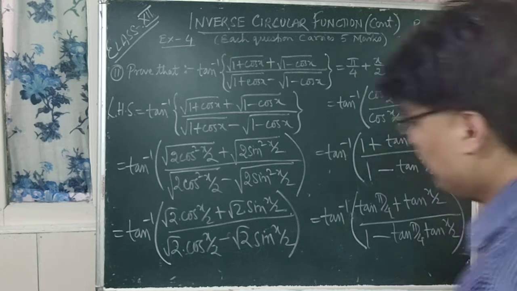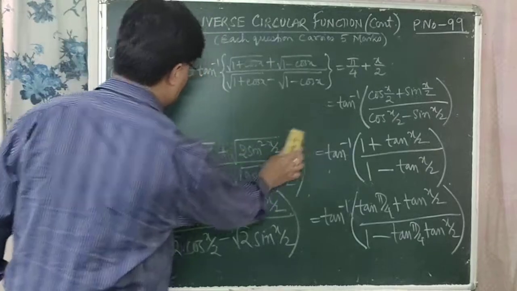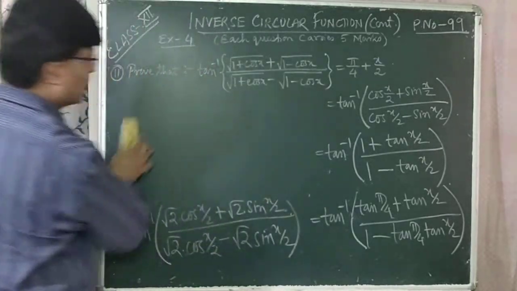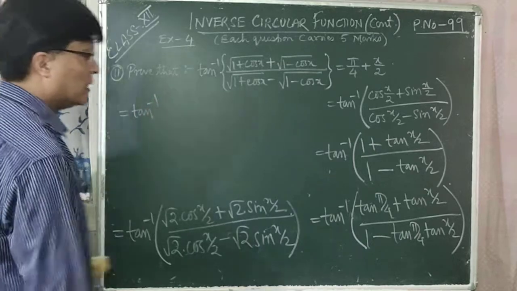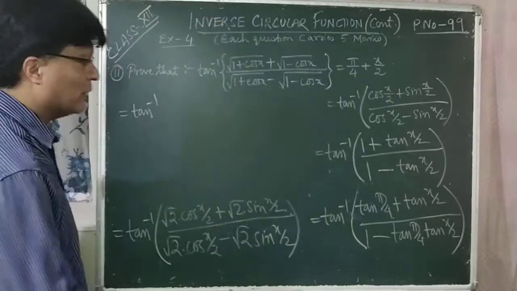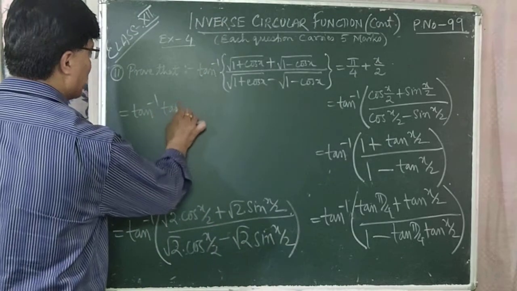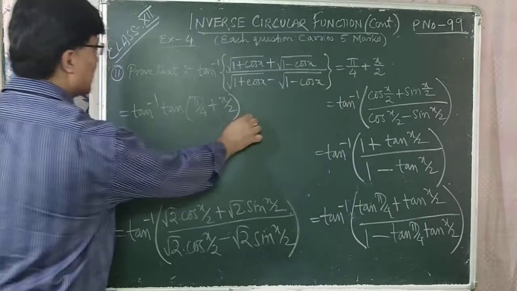So in the next step, you have to use the formula here, right? So the formula from the compound angle, you know that, right? It is equal to tan inverse. Now this is tan A plus tan B divided by 1 minus tan A tan B. What is the formula? Tan of A plus B. That is tan of pi by 4 plus x by 2.